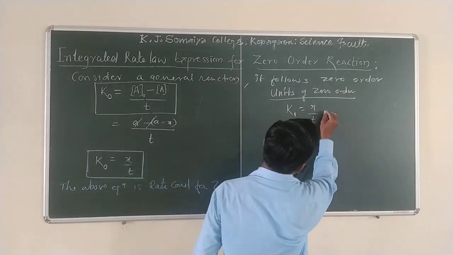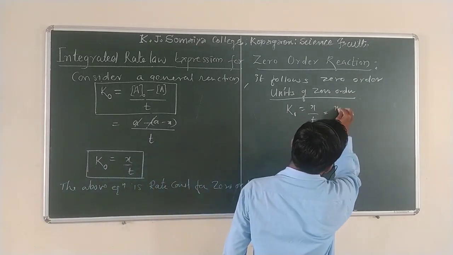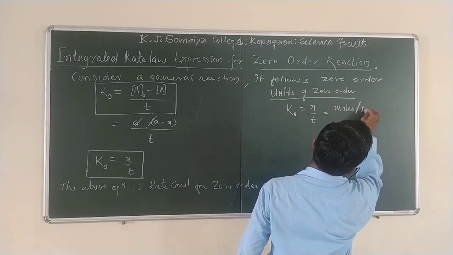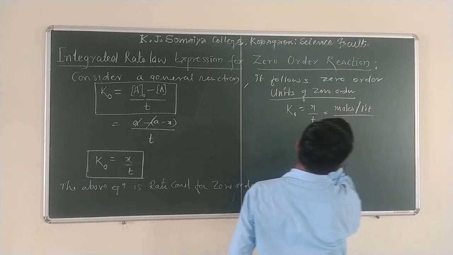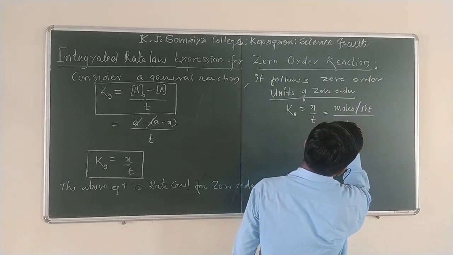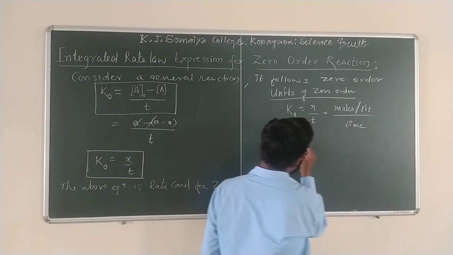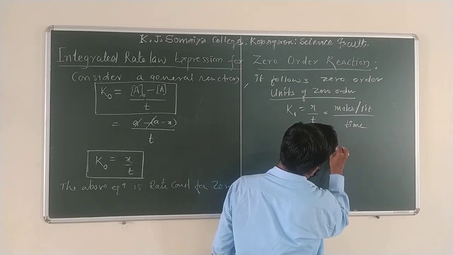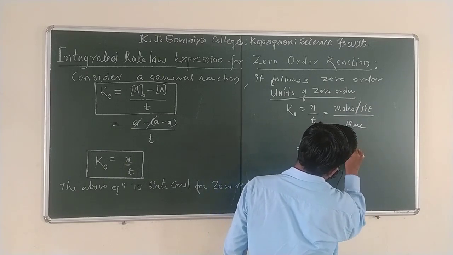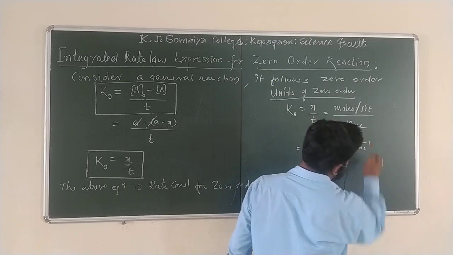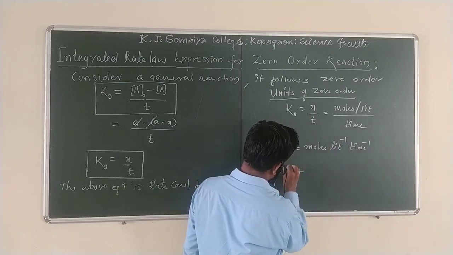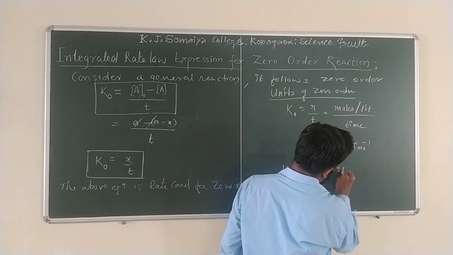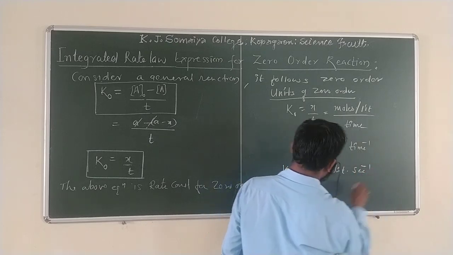Concentration we always determine in moles per liter. T means the time. So we can write moles per liter per time, or in SI units, the units of K0 equal moles per liter per second.